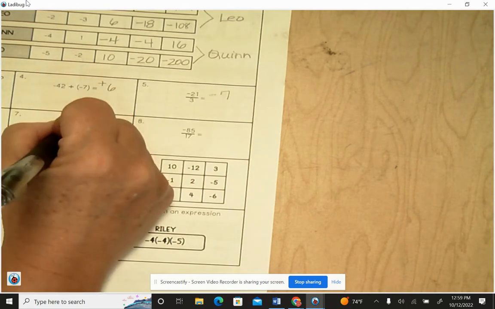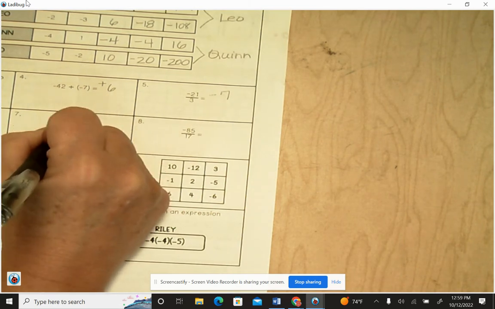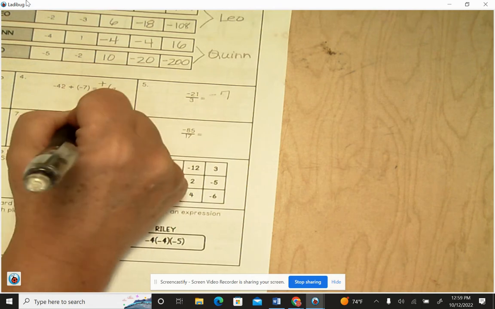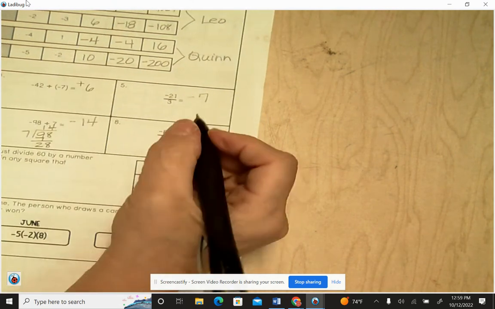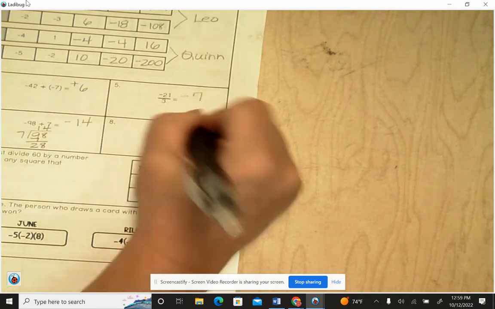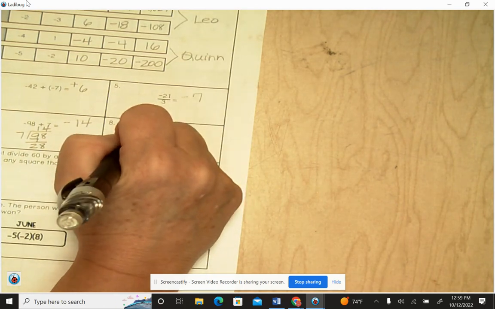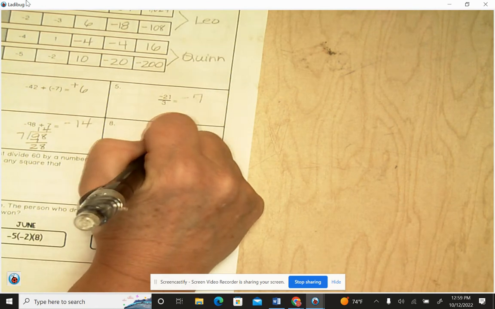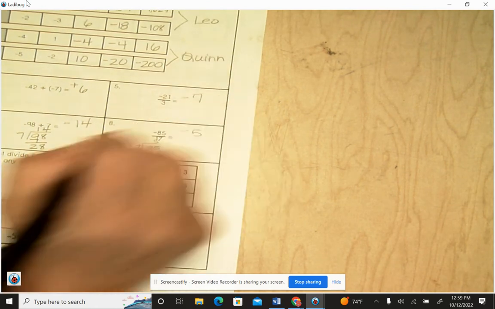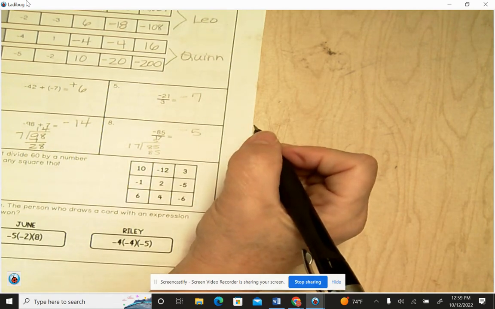And 98 divided by 7: 7 goes into 9 one time with 2 left over, and 7 goes into 28 4 times. So it'll be -14. A negative divided by a positive is a negative. And 85 divided by 17 is 5. So the answer is -5.